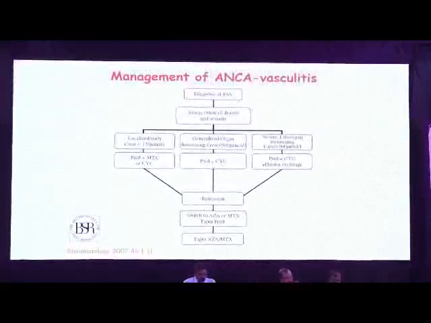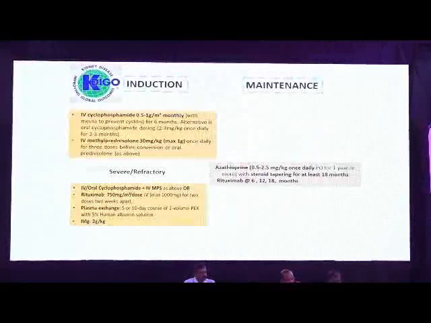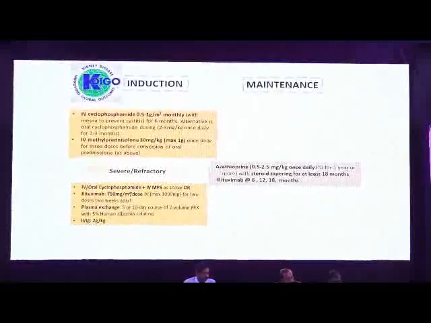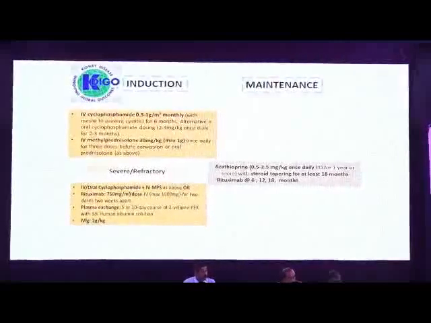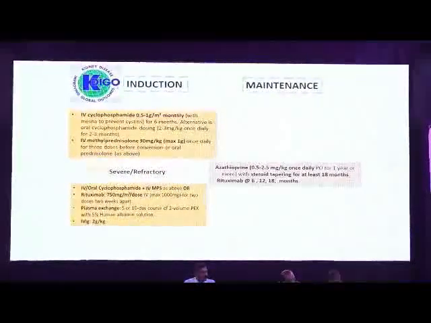Children with diffuse alveolar hemorrhage should also get early plasma exchange. I'll not go into the details, but we have an induction regimen for vasculitis followed by a maintenance regimen. The induction talks about monthly cyclophosphamide, methylprednisolone, followed by prednisolone. And we maintain it with azathioprine with prednisolone.